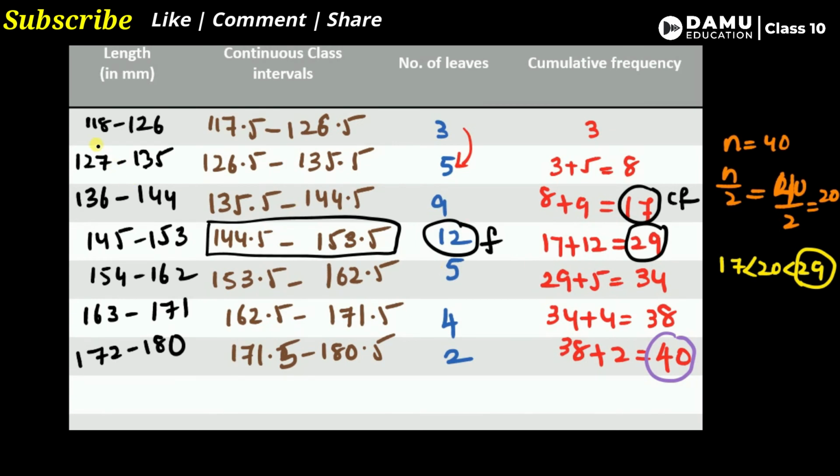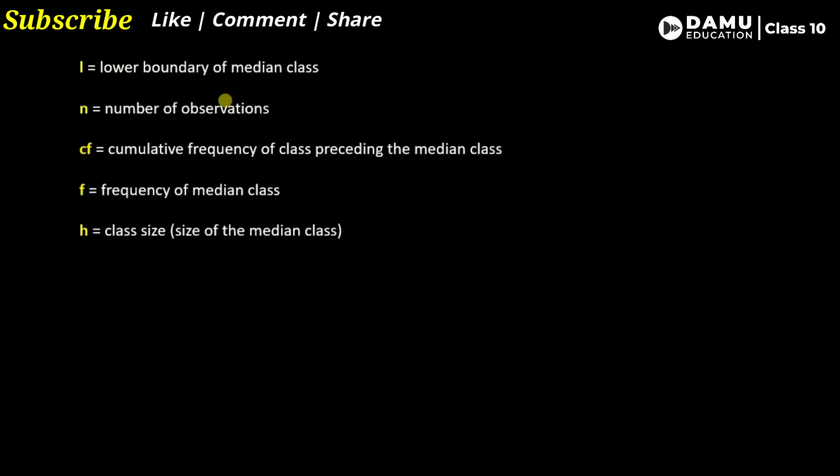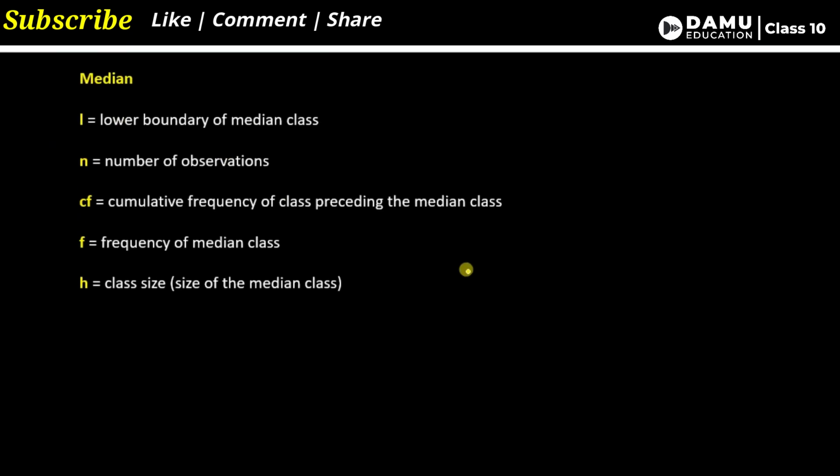So what is the h value? The h value is nothing but 127 minus 118, which is 9. Let's move on and write the values. The median class is 144.5 to 153.5.